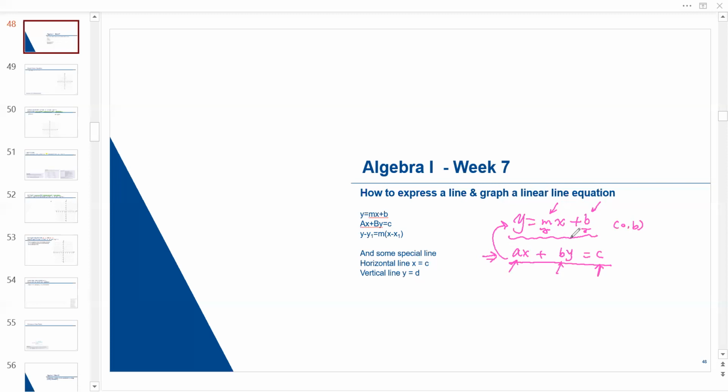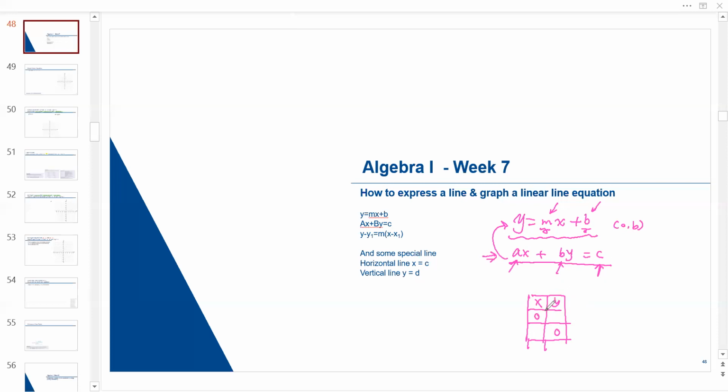We learned this one. We can use the pair method. We find x and y, find the pair. At least we need two dots, right? Or you can find when x is 0, y is 0. Actually, the x-intercept and y-intercept. You can get the two dots and graph a linear line.